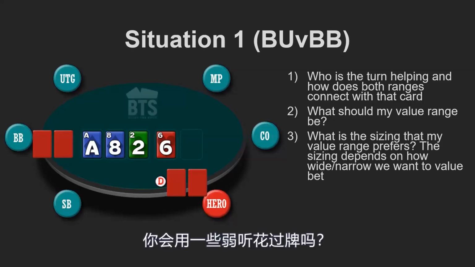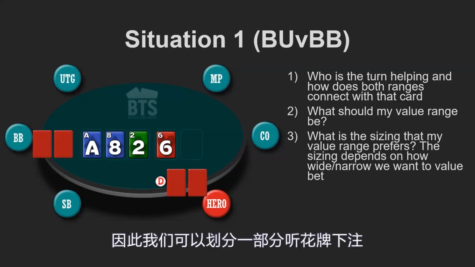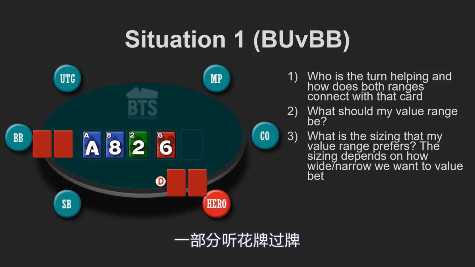Someone is asking, will you check back some weaker flush draws to be protected on diamond runouts? For sure. We can start checking back some flush draws that actually have a bit more showdown value. So hands like king queen of diamonds, we can start checking, because we're going to have a bunch of flush draws here. So we have to be careful about which flush draws we're betting.